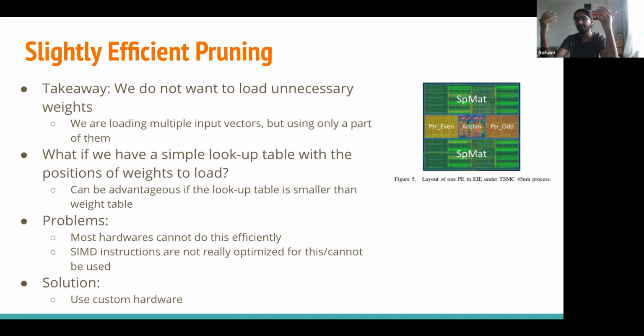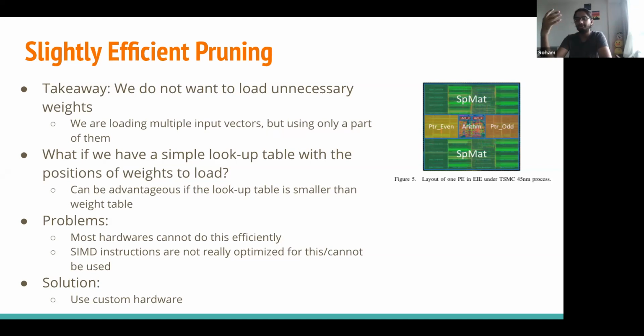But there's a problem with this method. Most hardware can't actually do this paradigm of having a lookup table and then reading it very efficiently, because it's just not built for that.